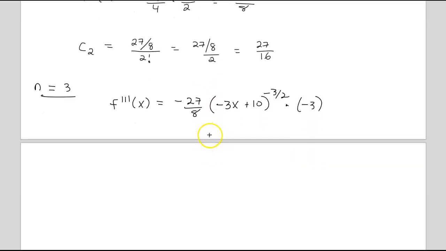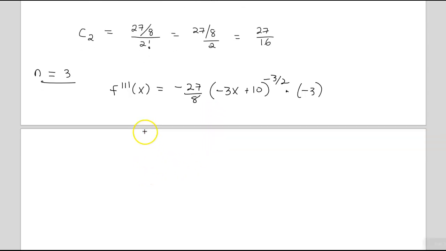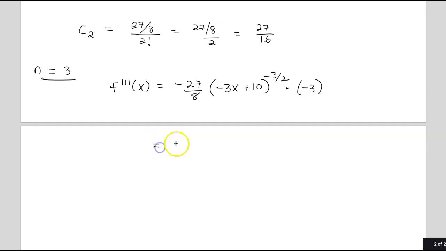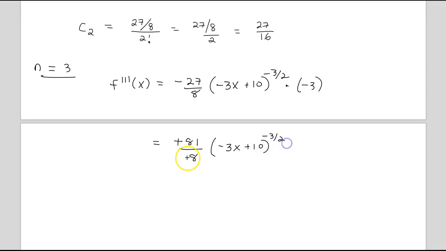So f triple prime, if we simplify this a little bit, will be negative 81/8. Actually, positive 81/8 because you have 2 negatives. Positive 81/8 times (negative 3x plus 10) to the negative 3/2 power.